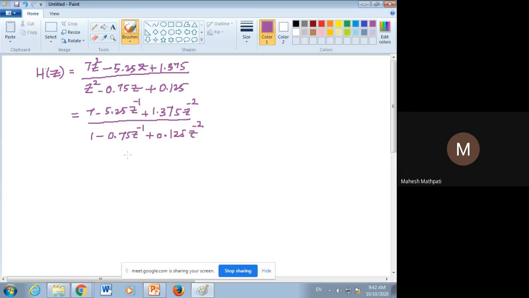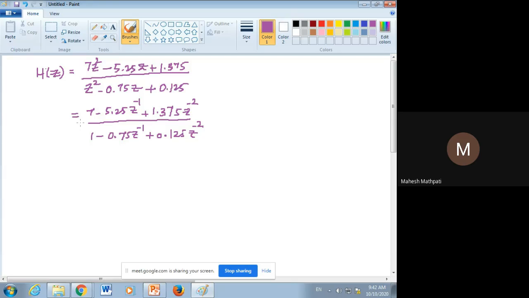Hope everyone understood how to write it in negative power? I have taken z power 2 as common and divided throughout the equation by z power 2. So we got this.